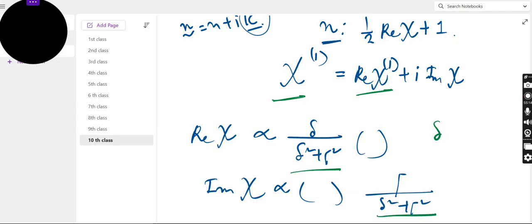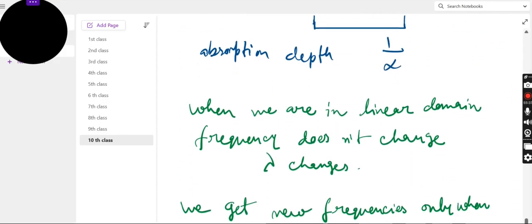It involves delta, which is basically omega naught minus omega, so it depends on the frequency. You need to remember that the imaginary part of chi is basically an even function, and it gets maximum when delta is equal to 0, and delta depends on the omega frequencies, so they are all connected.